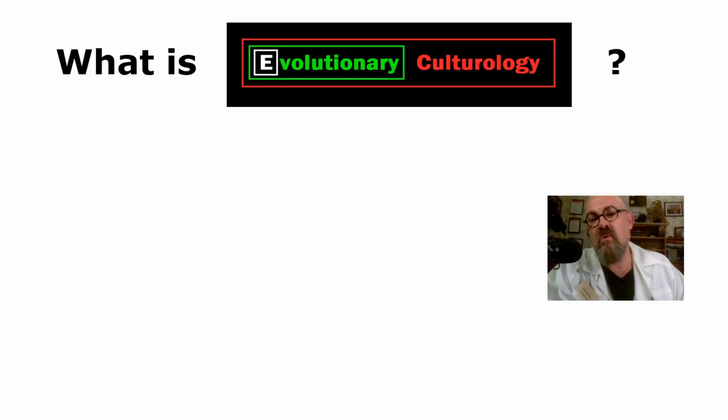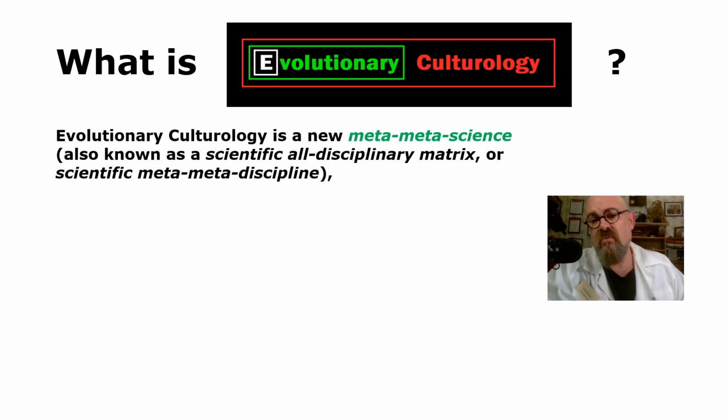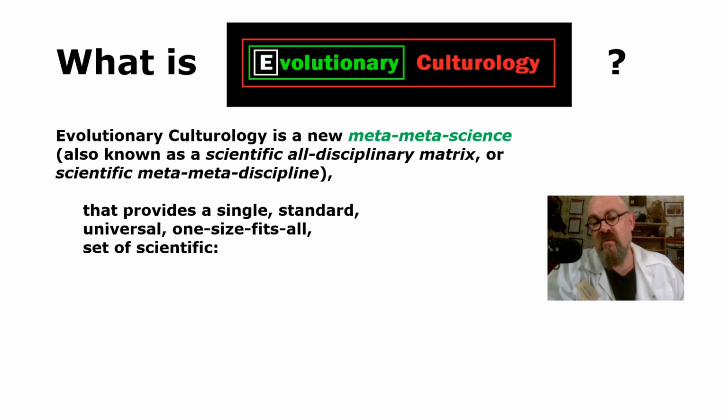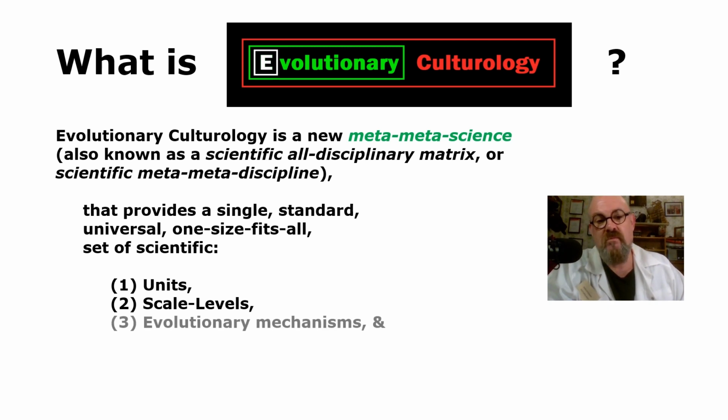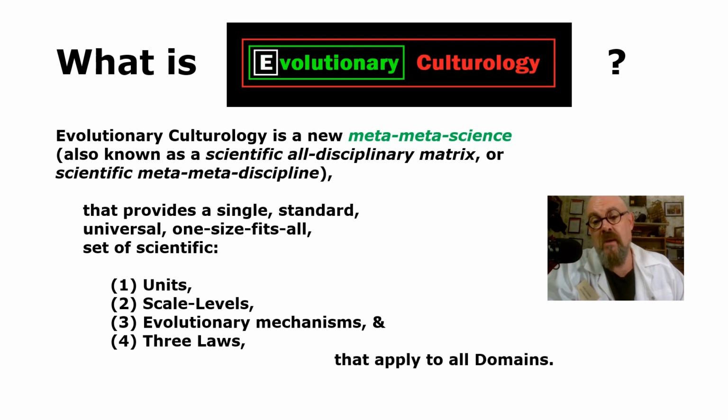So, if somebody asks you what is evolutionary culturology in a nutshell, EvCult is a new meta-meta science, also known as a scientific all-disciplinary matrix, if you're thinking of Thomas Kuhn and the structure of scientific revolutions, or a scientific meta-meta discipline, because it applies to all disciplines, that provides a single standard universal one-size-fits-all set of scientific units, the fractal Holon parton, scale levels, use the fractal Holon parton 3 laws to find the scale levels, evolutionary mechanisms, which we touched on some of them, ST, SVT, BVSR, the FSM of Bekeck, etc. And 3 laws that apply to all domains.